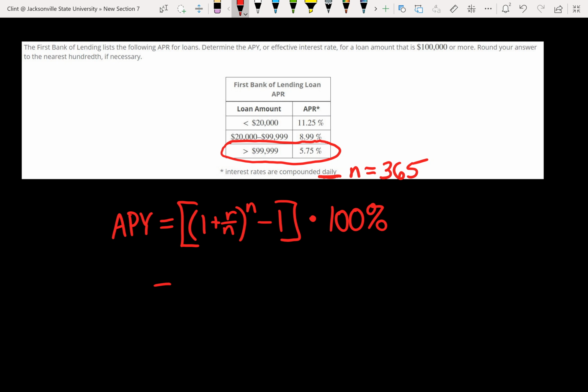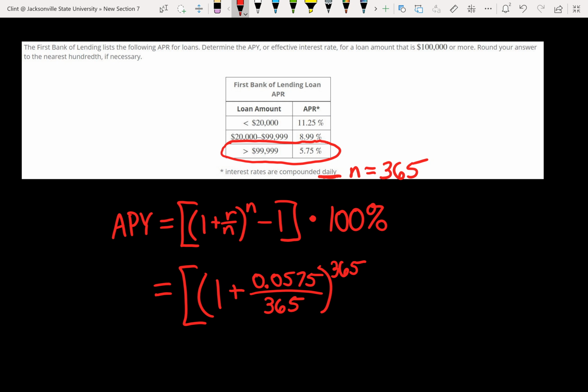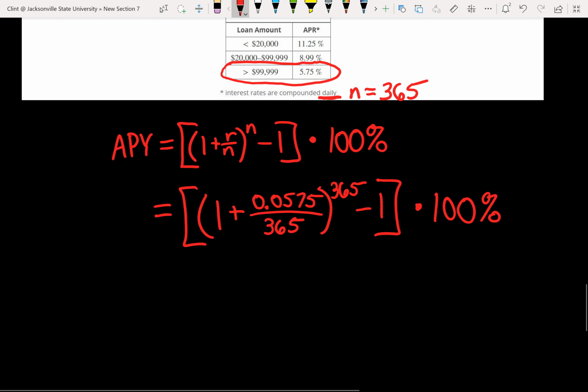So here, we've got 1 plus our interest rate, which is 5.75%. So as a decimal, that's 0.0575, divided by n, compounded daily, so that's 365, to the 365th power, minus 1, and then whatever number we get there, we're going to multiply times 100, and our answer will be a percentage. So let's see what we get.